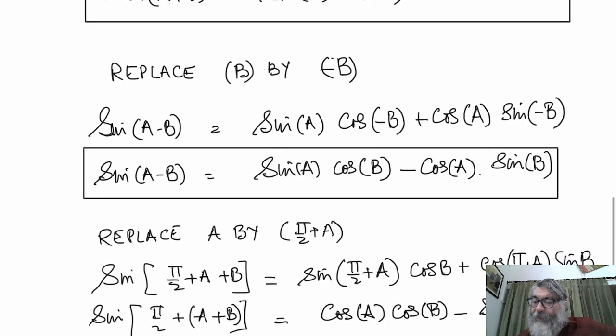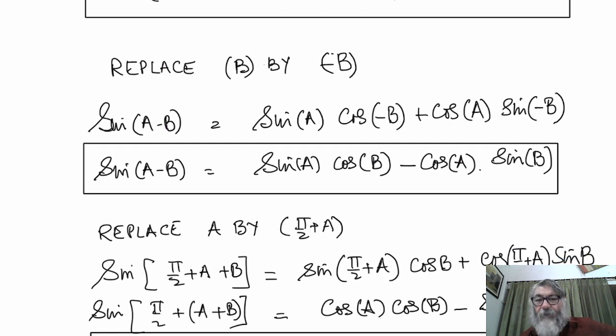When we talk of sin A minus B, then sin A cos B and minus cos A sin B. Again the combination is sin cos cos sin, but the sign is the sign between A and B; minus sign is there, then in between here also after sin A cos B, minus sign is there.